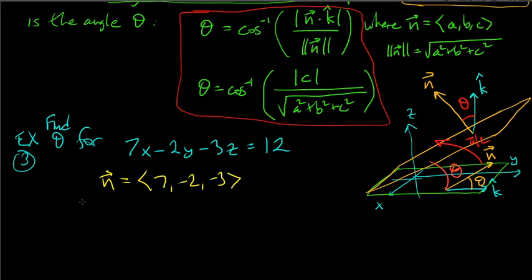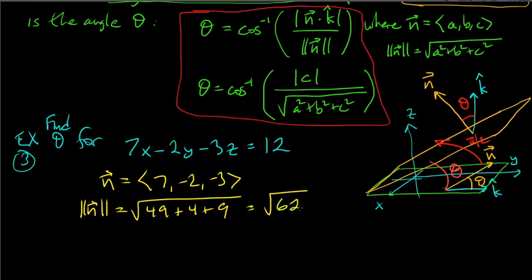I'm going to need the magnitude of that vector, so take the norm of n. That's going to be, let's see, 49 plus 4 plus 9 is 62, so square root of 62. That sounds familiar. We had an example like that not too long ago.